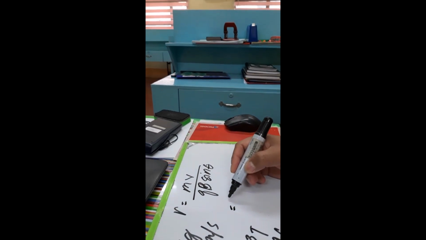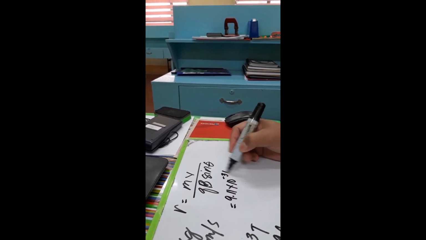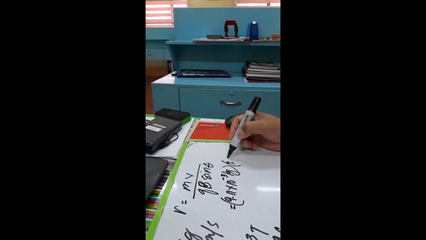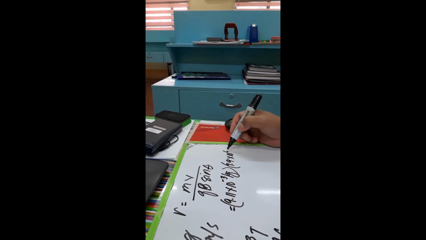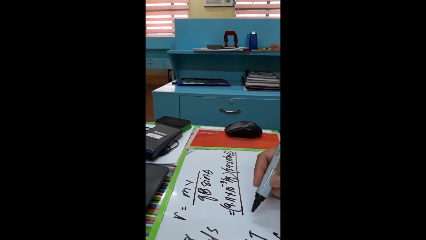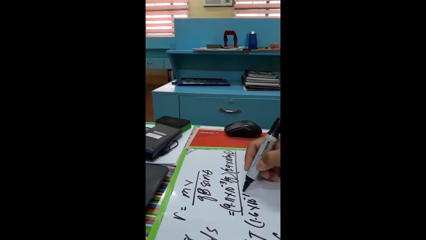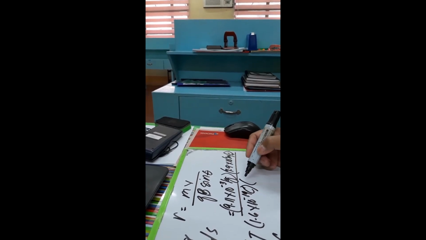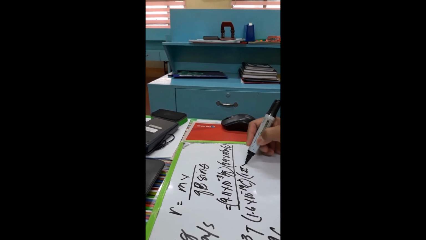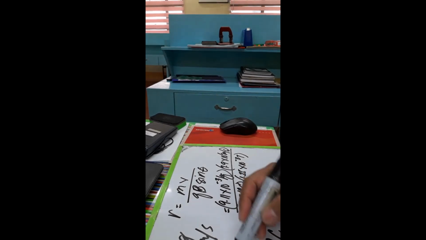So mass is equal to 9.11 times 10 raised to negative 31 kilogram multiplied by our V, which is 7.9 times 10 raised to 6 meter per second, over our Q, or electric charge, which is 1.6 times 10 raised to negative 19 coulomb multiplied by our magnetic field, which is 1.25 times 10 raised to negative 3 Tesla. Okay, our sine theta is equal to 1.